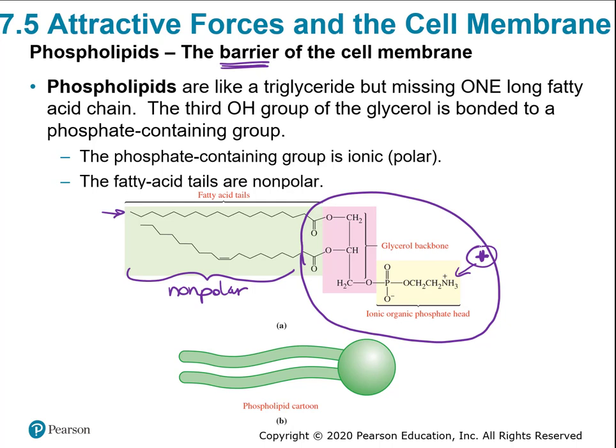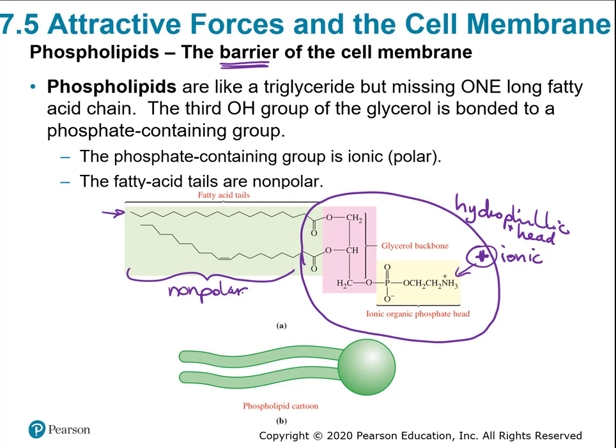And so once you give it a charge, now this has ionic character. And remember, like with soaps, where that oxygen had a negative charge and that made the head of the soap much more hydrophilic? This is the hydrophilic head of the phospholipid. And then they call the tails the nonpolar hydrophobic parts.